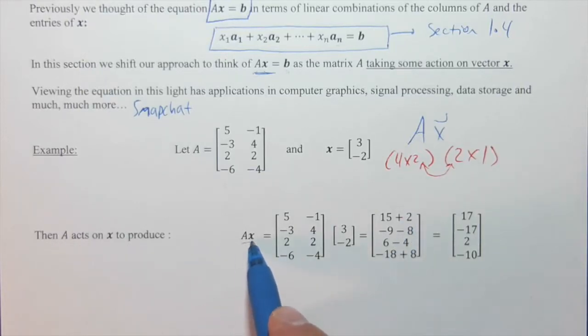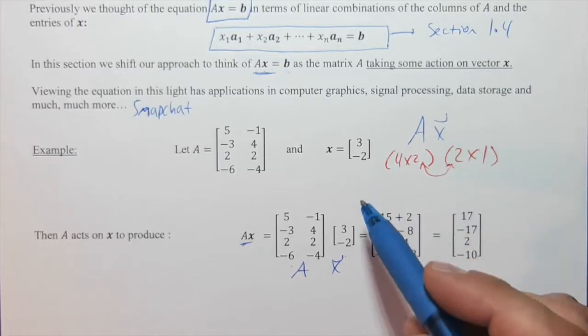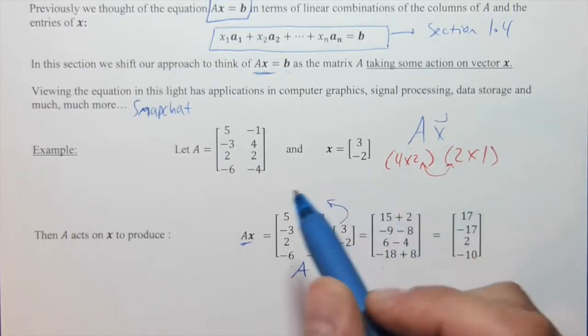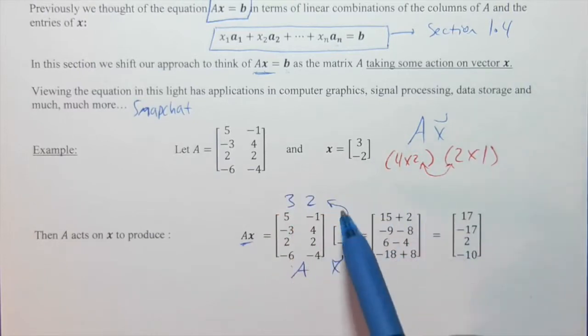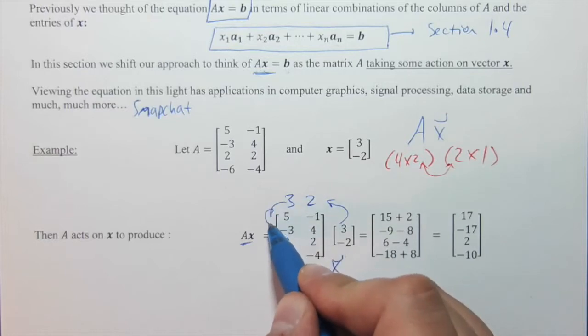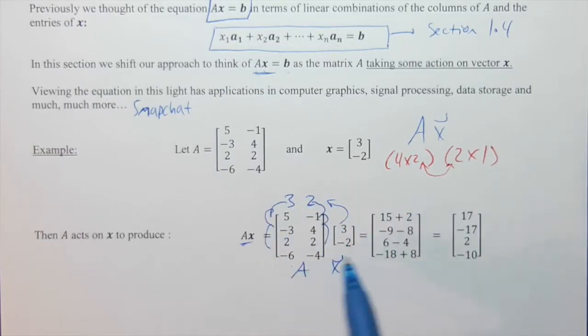So here we are multiplying A times x. As we learned in the previous section, I like to think about the entries of the vector x stacking on top of the matrix, and the 3 is going to multiply down through the first column, the 2 multiplies down through the second column, and we do the linear combination of those two.